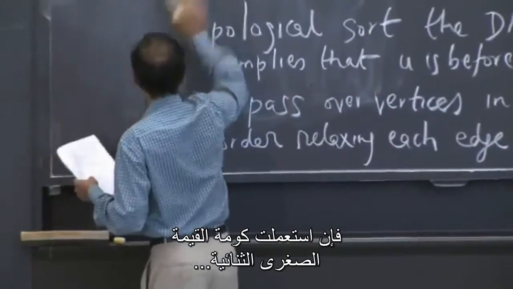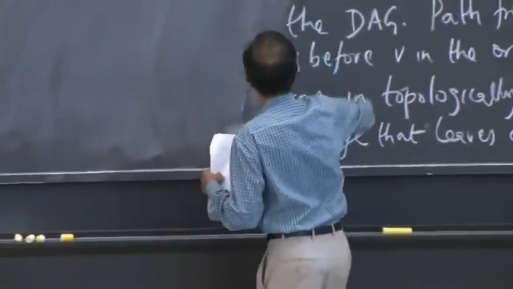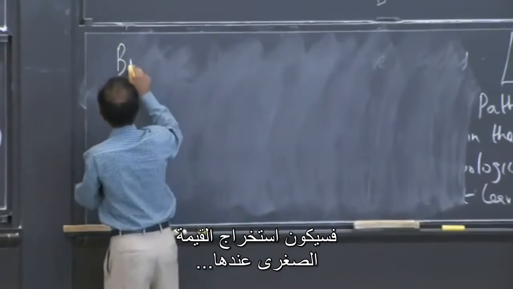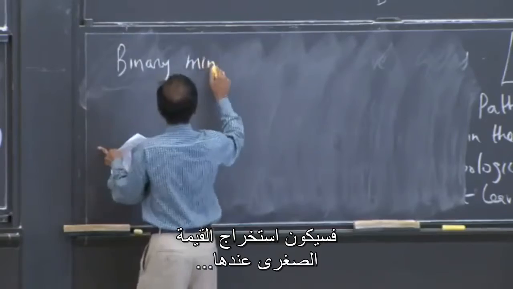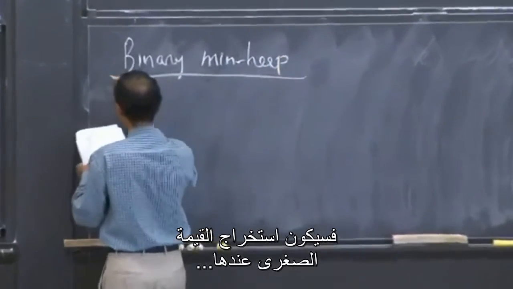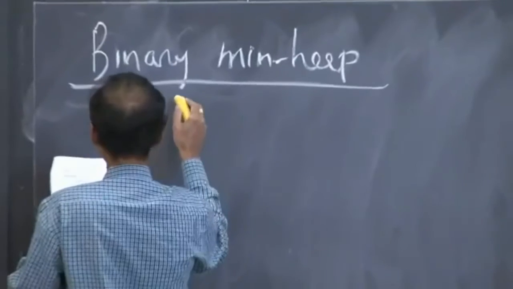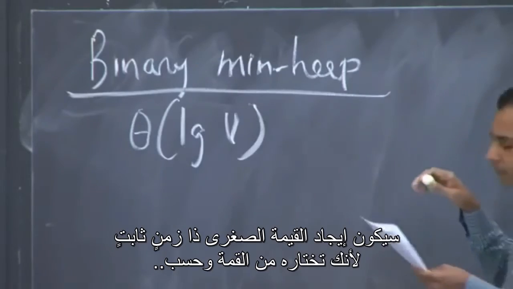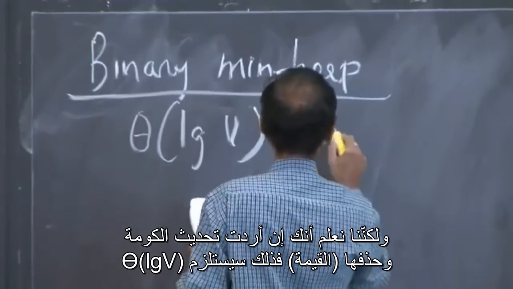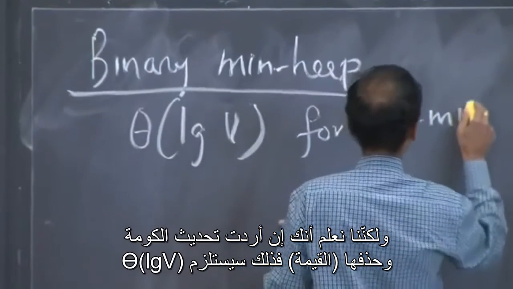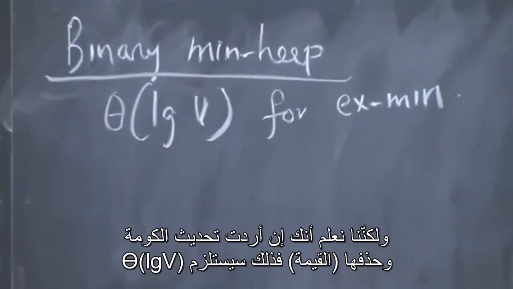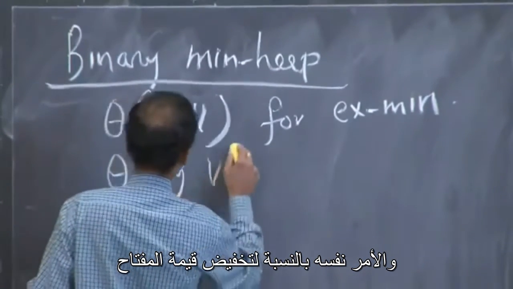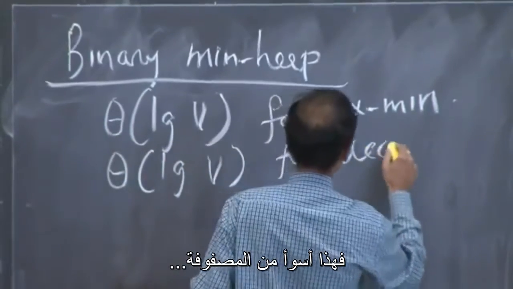So if you use a binary min heap, then my extract min, finding the min is constant because you just pick it up from the top, but we know that if you want to update the heap and delete it, then it's going to take theta log V, and decrease key is the same thing, theta log V. So that's worse than an array.